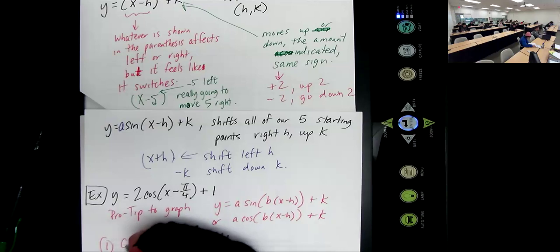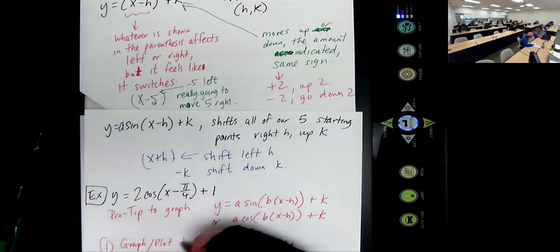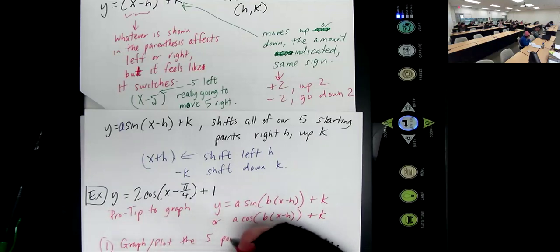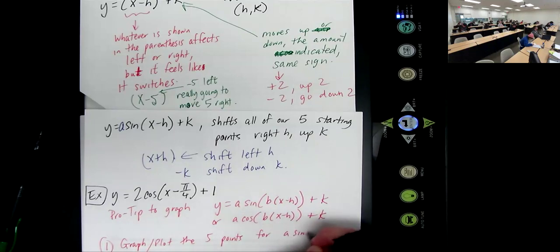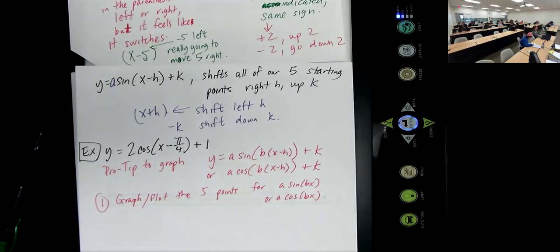Step 1: graph or plot the 5 points for a sine bx or a cosine bx, whichever one you're looking at. Not the whole curve, just the 5 points.